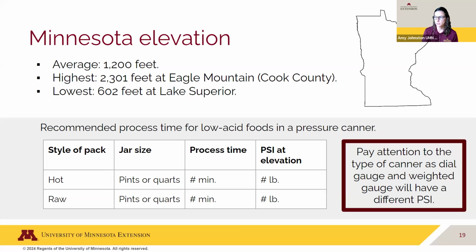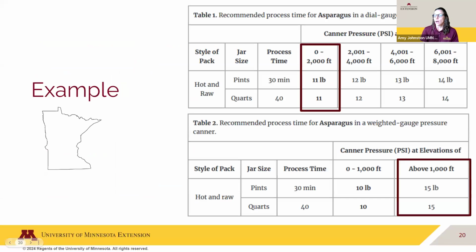It's really important to pay attention to the type of canner, as dial gauge and weighted gauge will have a different PSI requirement. So here's an example of pressure canning asparagus.